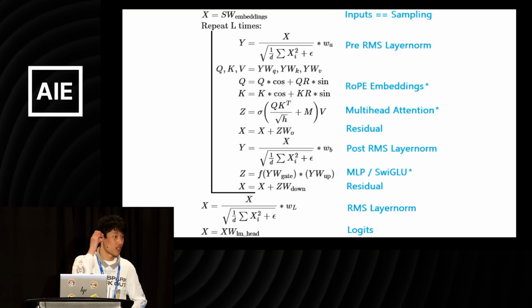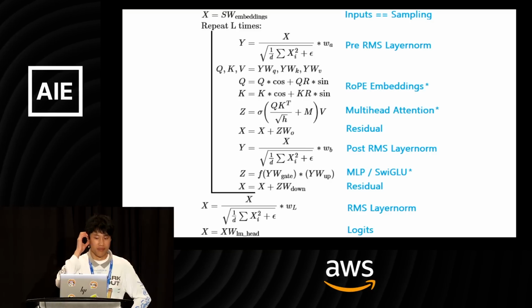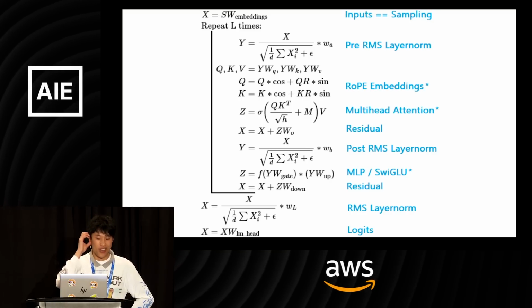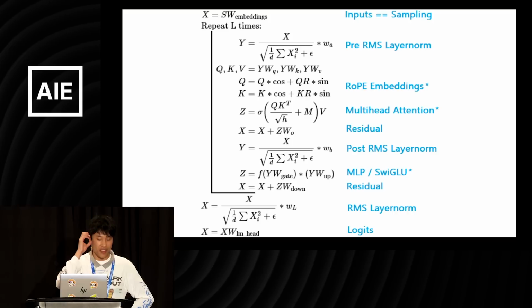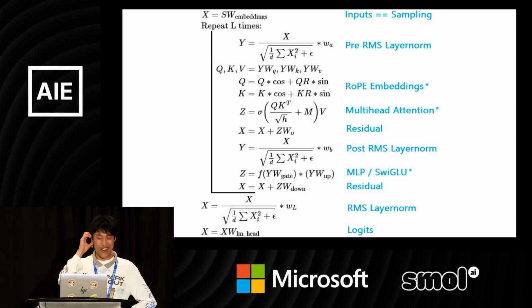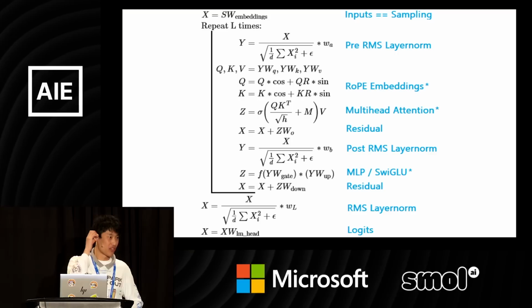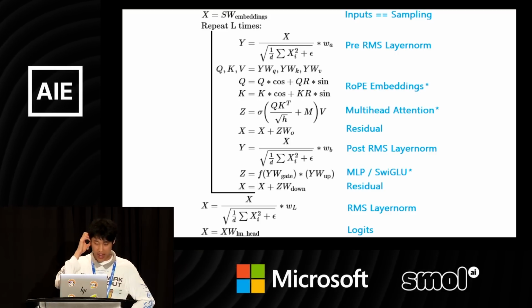Question: in the notation, is there a way to tell what's a matrix or a vector? When I put subscript i, technically everything's a matrix, but if you see any summation signs with subscript i, then it generally means row-wise or column-wise.